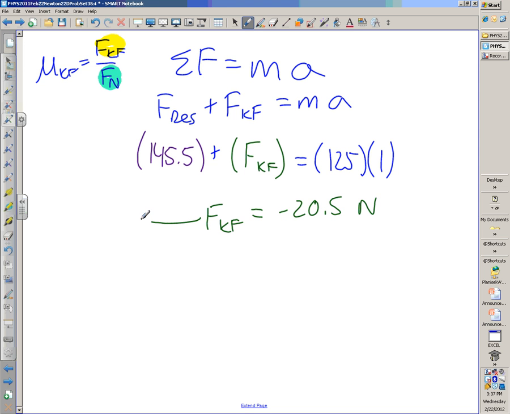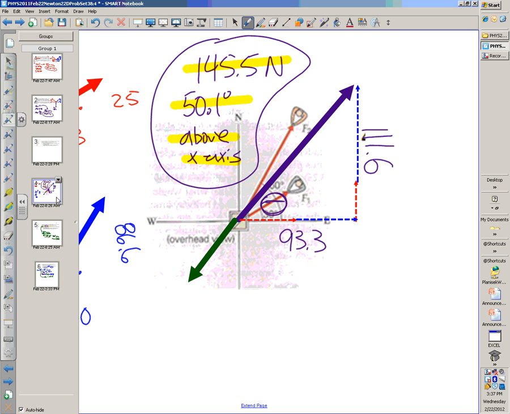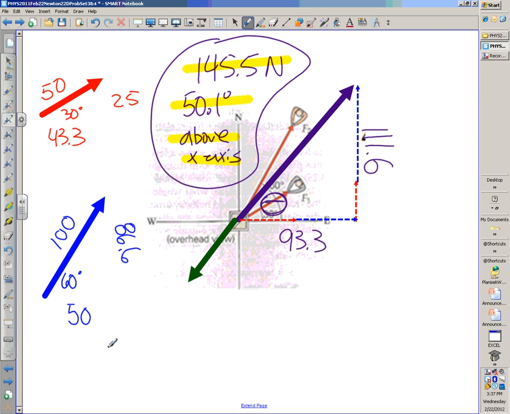That gives us one part of that coefficient of friction formula that we need. The second part, the normal force, we're going to make use of something that we talked about earlier in class today. If we look at this free body diagram that we've drawn for our object, we're looking at it from an overhead perspective.